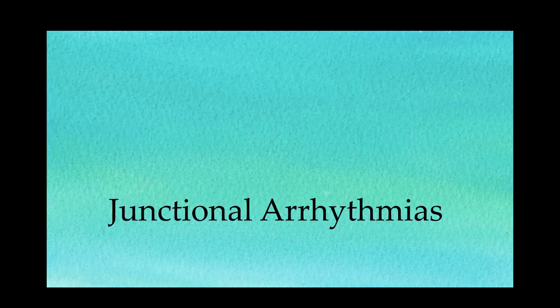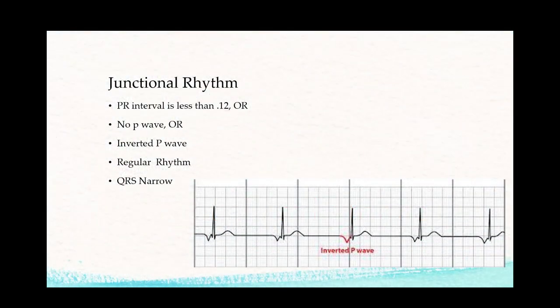If the SA node does not pick up, then the next fail-safe down in the heart is the AV junction. And so the AV junction likes to beat at 40 to 60 beats a minute. Okay? And so that is going to be our junctional arrhythmias.